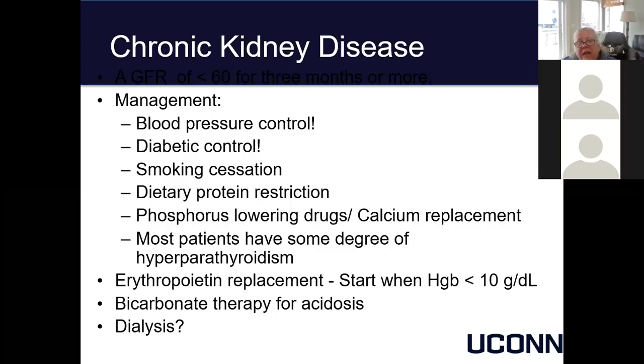They start thinking about dialysis or renal replacement therapy not until the kidneys are at about 90% gone, or they only have 10% of normal function left. So even though a patient may only have 20 or 30% of their kidney capacity, people are still not pushing for dialysis at that point.